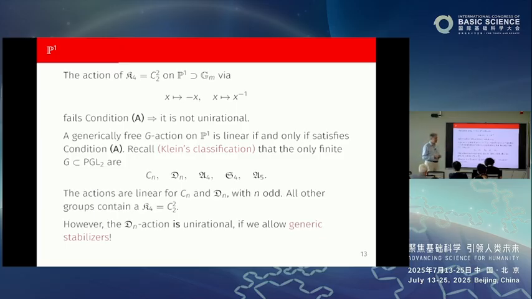There you see that the D_n action for even n is unirational. Because, as I told you, you projectivize a representation of D4, and you get the Klein 4 group acting on P1, and there is a generic stabilizer. So in D4, those abelian subgroups have fixed points for the projection on P1, while the effective action has no fixed points on abelian subgroups.